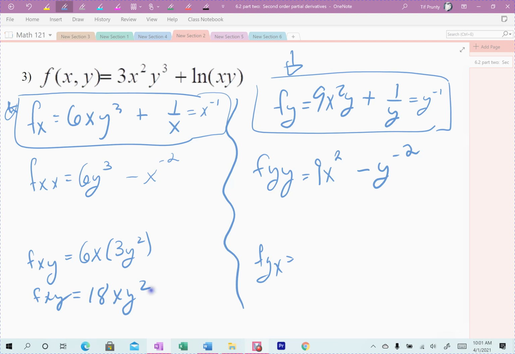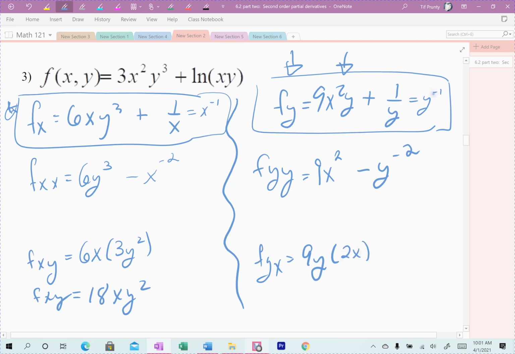Alright, now the mixed derivative should simplify to 18xy, but you get there in a different way. Alright, I'm looking at this function. Take its derivative with respect to x. The 9 and the y come along. I take the derivative of the x part, which is the x squared. I get 2x.